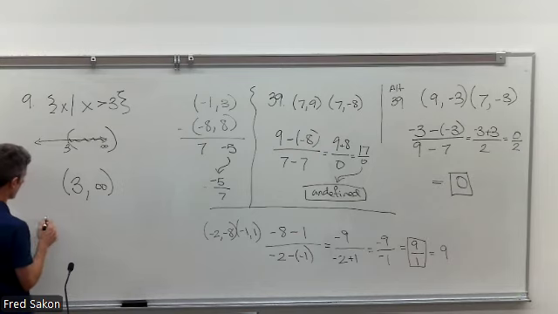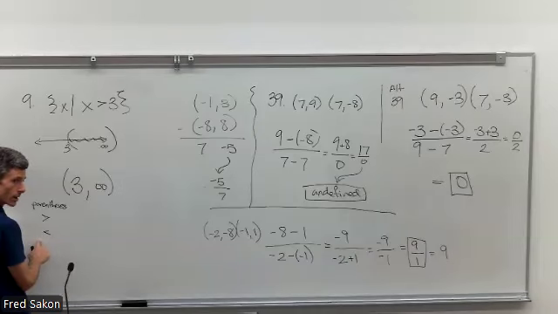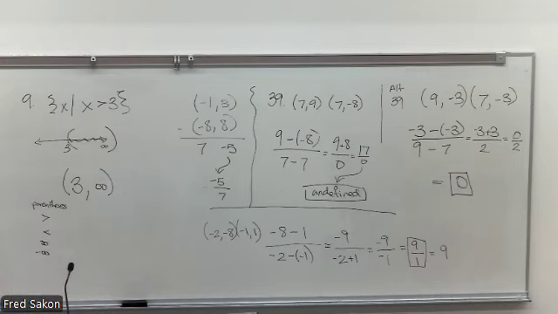So anytime you have just the sign with no equal bar, you're going to use parentheses. You're also going to use parentheses anytime you're going to infinity or negative infinity.